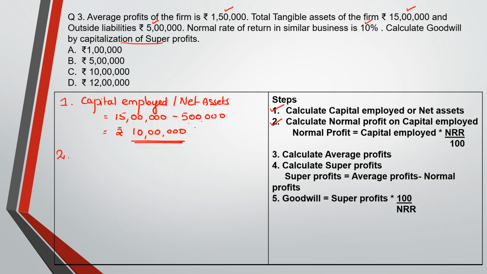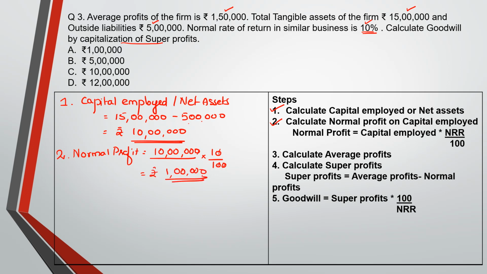If this is the capital employed, what is the normal return which is expected in similar business? They have given it as 10%. So we calculate the normal profit, that is the capital employed that we have computed, 10 lakh in the first step, into 10 by 100. So we get that as rupees 1 lakh.